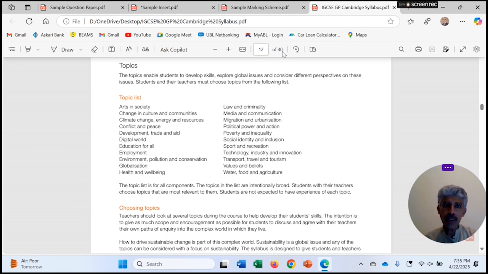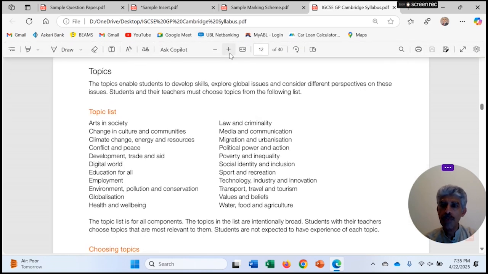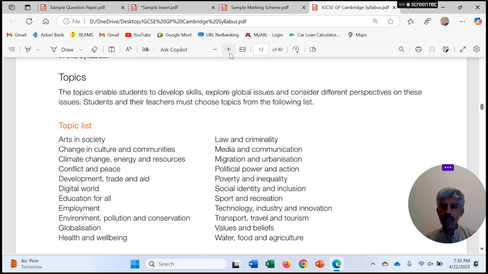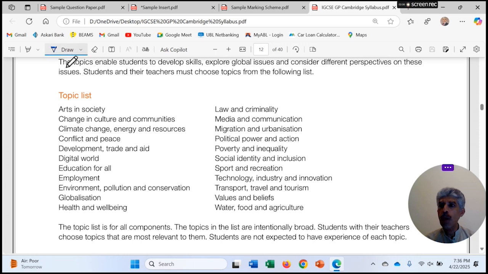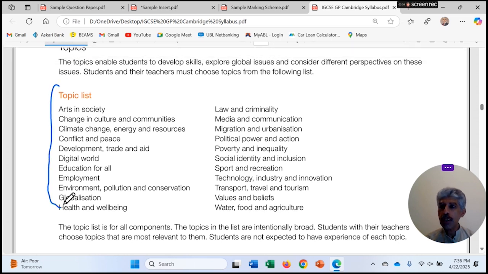You can see that these are the topics on which you may get the whole question paper. As I was explaining the other day when I was talking about the individual report, the whole paper may come on any one of the topics over here. So there are 22 in all.